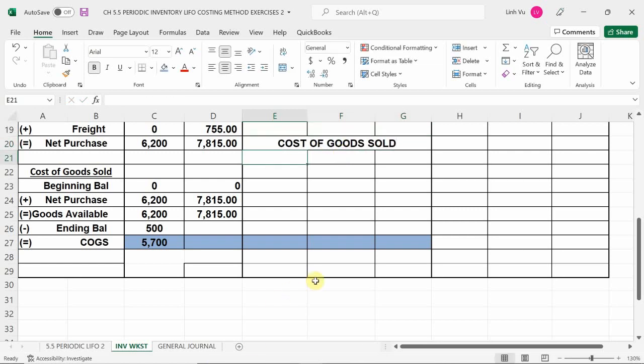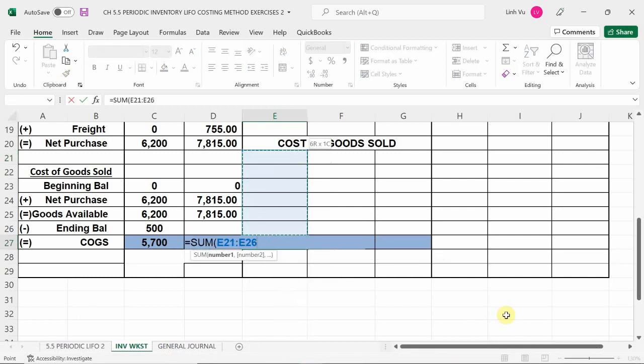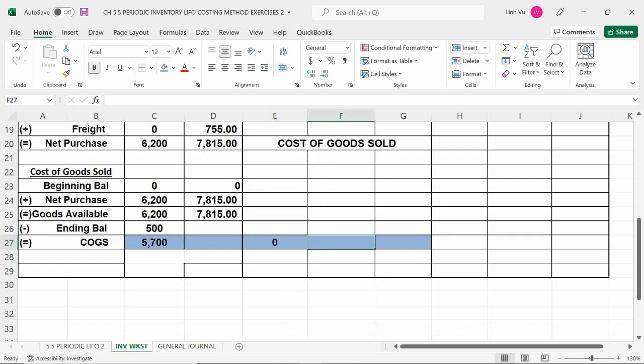I'm going to do my running balances here, and these are just equal sums, I'm just totaling up whatever the amount is in this column.